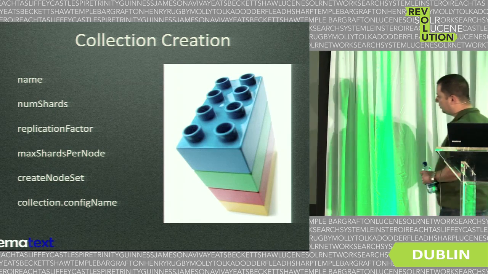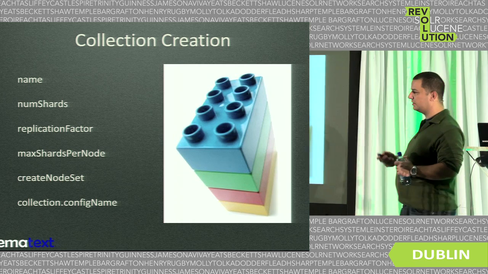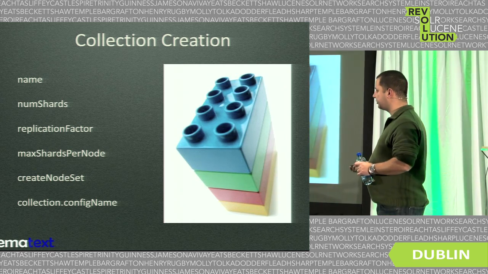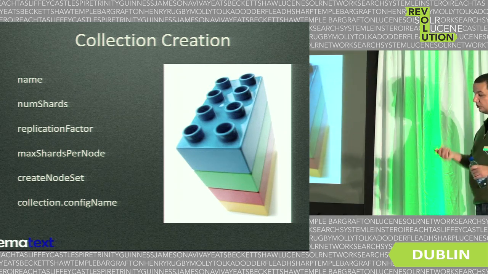So that's simple. And if the name of the collection is different from the configuration name stored in Zookeeper, we need to provide the collection config name parameter to specify which configuration we want to use during collection creation.